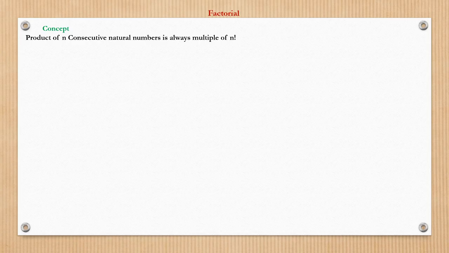Now we will see another concept, that is the product of n consecutive natural numbers. The product of n consecutive natural numbers is always a multiple of n factorial. Let us see how and why.